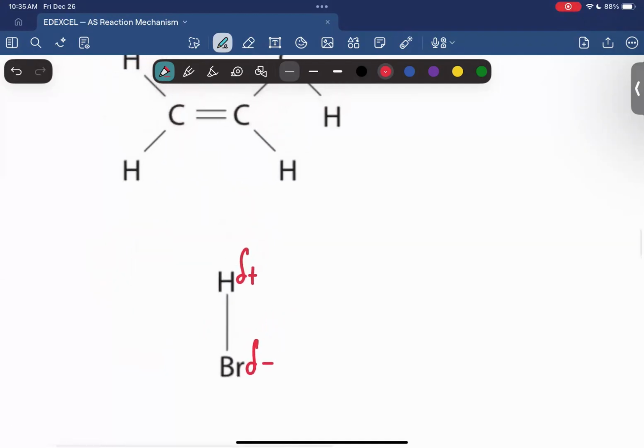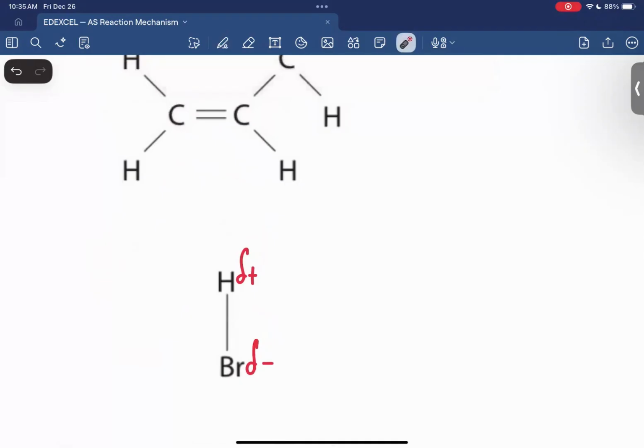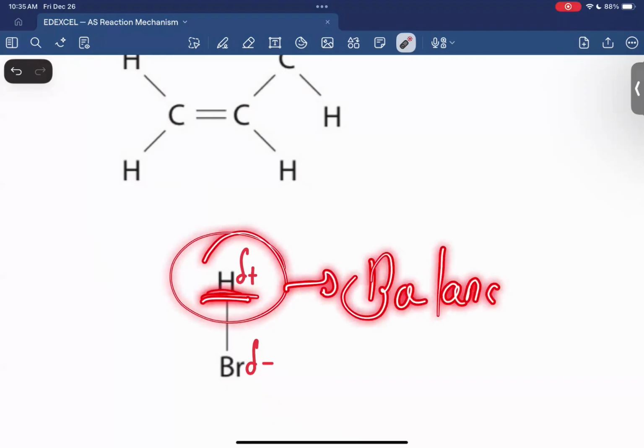Now again, the same thing is going to happen from above. This is positive, right? However, it wants to balance this charge off. And how is it going to balance this charge off?